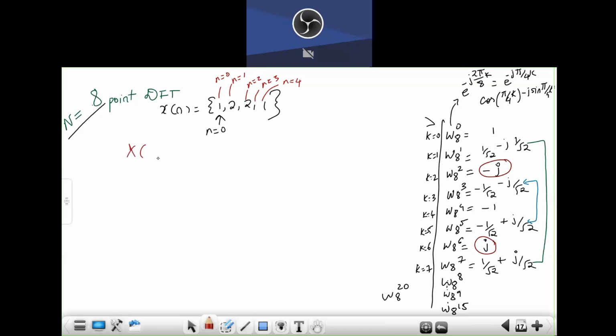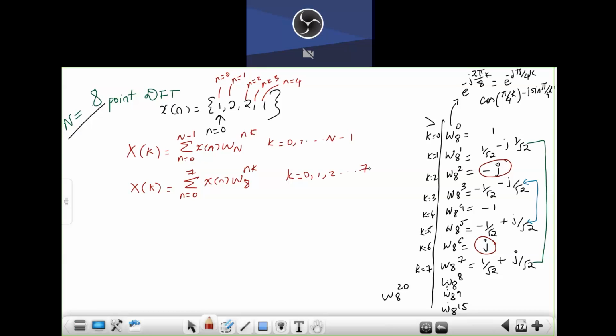Always write the general DFT equation first in any problem: X of k equals the summation of x of n, W_N power nk, where k also varies from 0 to N minus 1. Now, for the 8-point DFT, this is n equal to 0 to 7, x of n, W8 power nk, where k varies from 0, 1, 2 until 7.